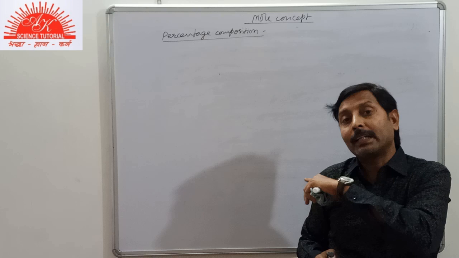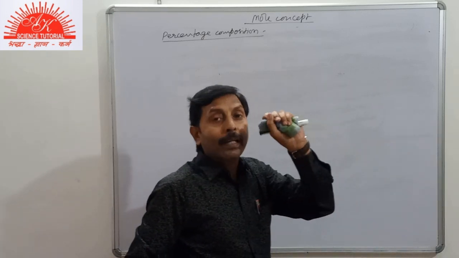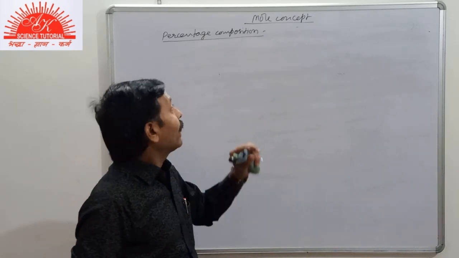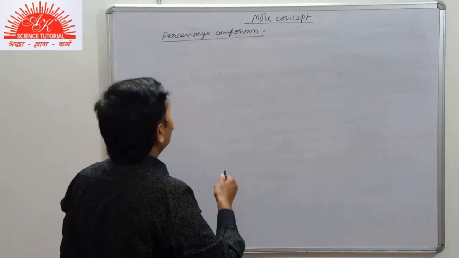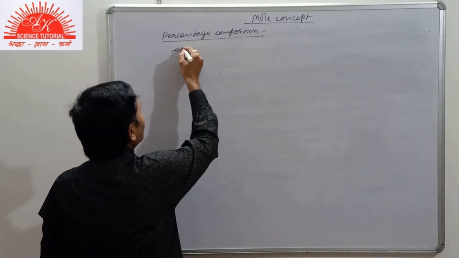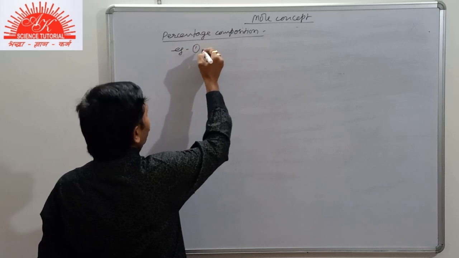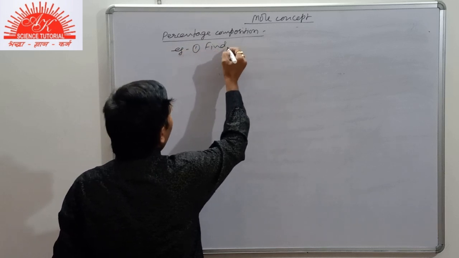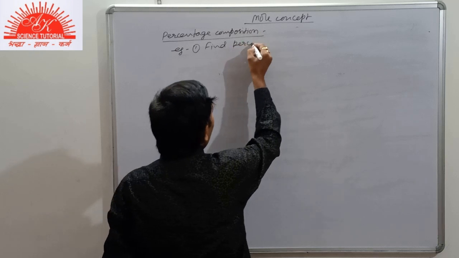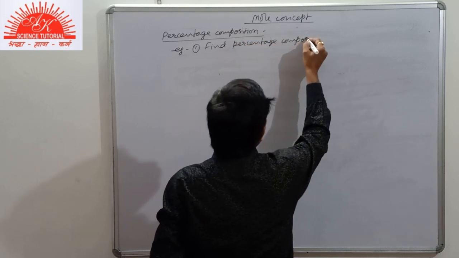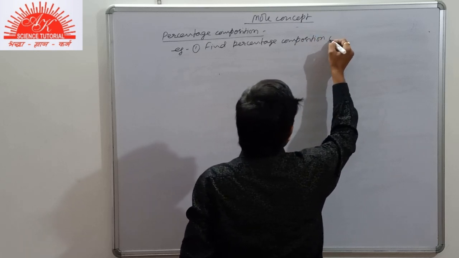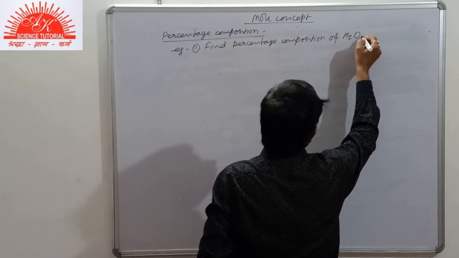Similarly, we will find the composition of a chemical substance in the form of percentage. Suppose we have an example: find percentage composition of water.